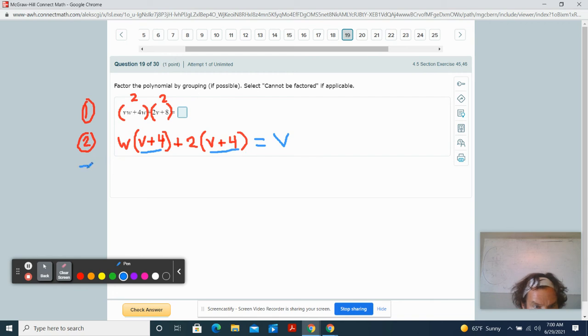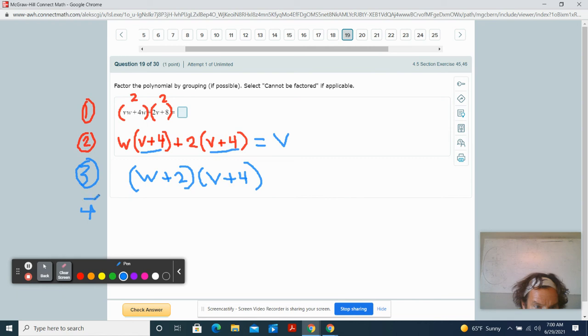Okay, Step 3 is W plus 2 and v plus 4. W plus 2 right here, and v plus 4. Now you could also write it the other way.